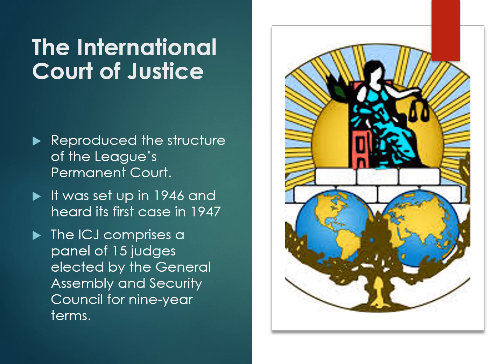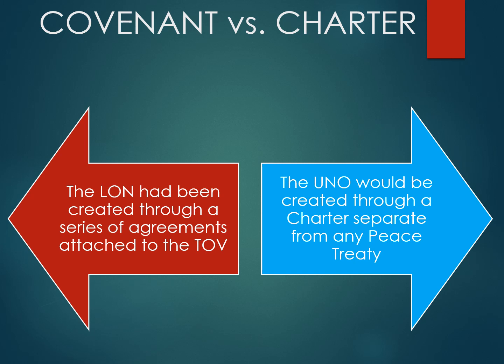Well, then, what about the differences? One of the ways in which the creators of the UN hoped to make it more successful than the League was this: first of all, the League had been created through a series of agreements, which were known as the Covenant, and these were attached to the Treaty of Versailles.